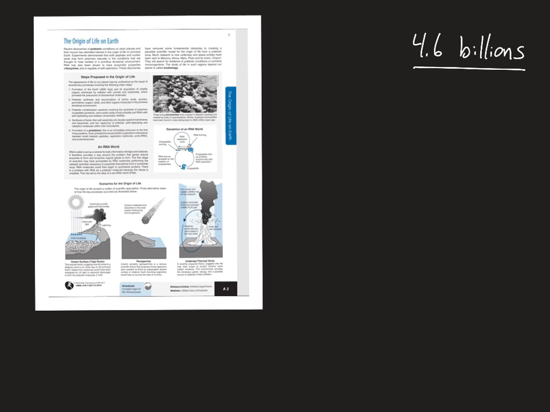Now, the formation of the Earth at 4.6 billion years, we know that because of those comets and meteorites hitting the Earth, that brought those precursor molecules. That was the first step, and I'm just going down the list of steps here. So there are steps here that tell you what the steps were for the beginning, the setup for the initiation of life.